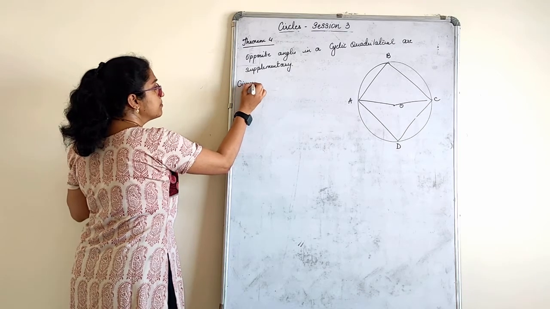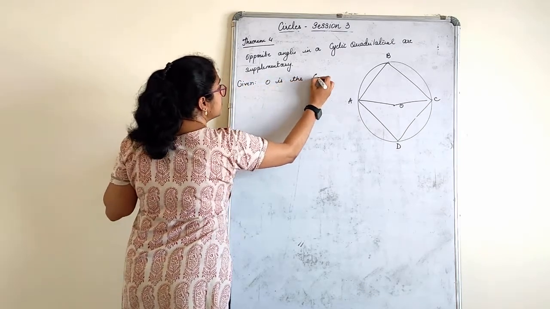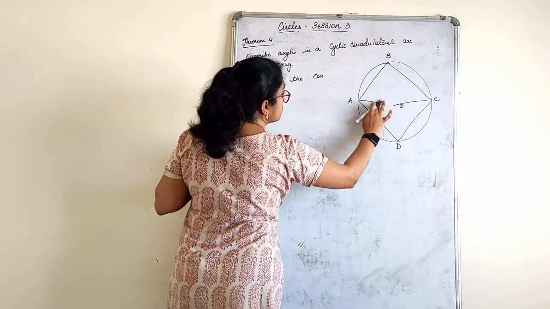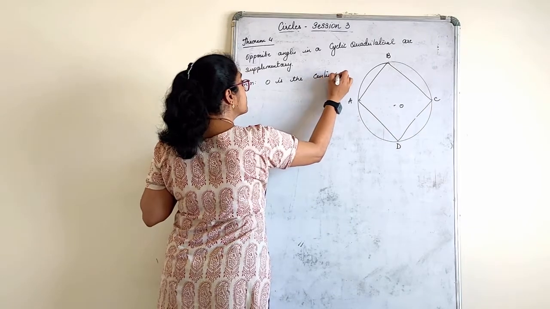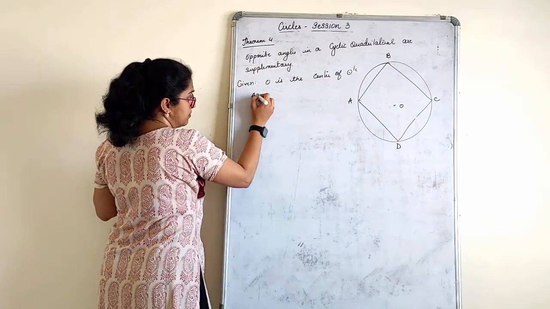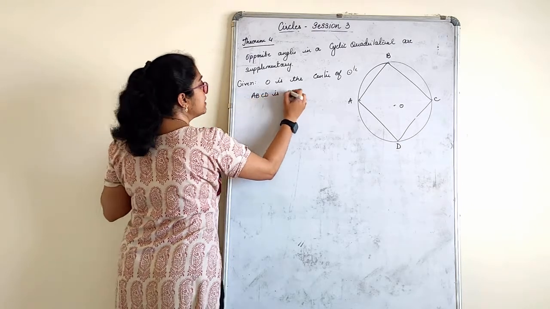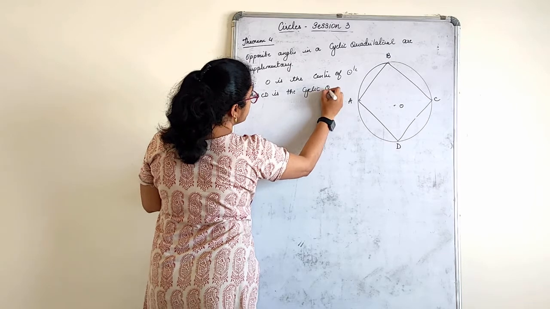Given: O is the center of the circle, ABCD is the cyclic quadrilateral.